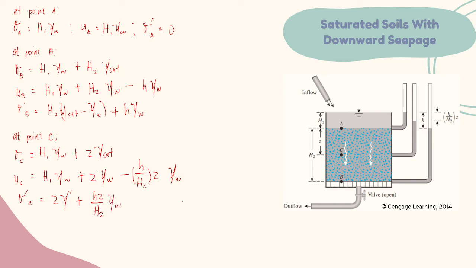And also, since this is head loss all over the length of flow, we can write i is equal to H over H sub 2. Okay? And so that's it.